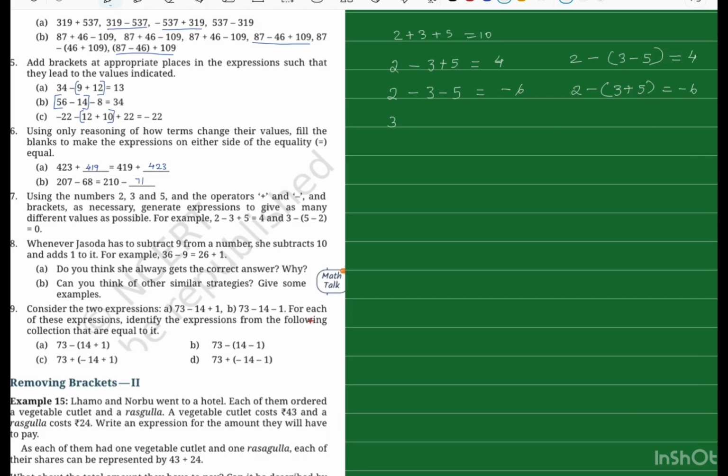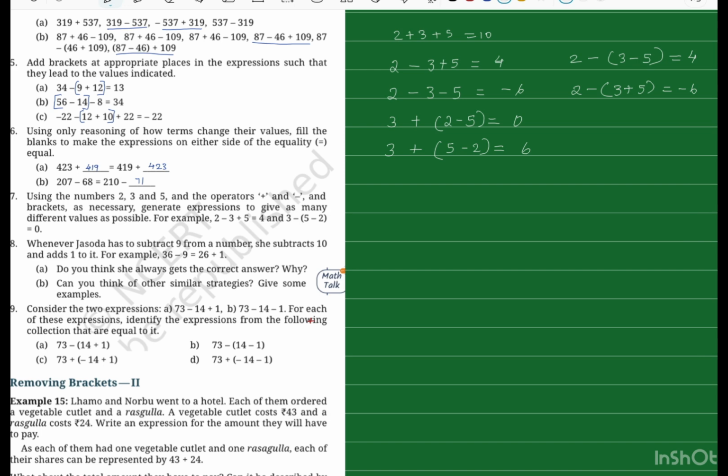Now we can change 3 first, then 3 plus 2 minus 5 is equal to 3 plus 2 minus 5 is minus 3, then the answer will be 0. 3 plus, we can change the terms, 5 minus 2, then the answer will be 3 plus 5 minus 2 is 3.